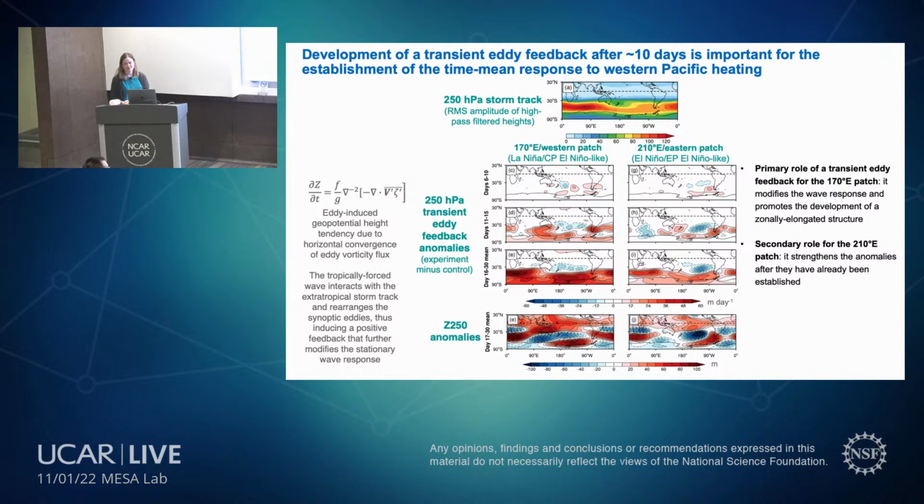Any more? I guess I had one more, which is, have you thought about climate change and the strengthening of the subtropical jet and how that might affect your teleconnections in the first part? Not really too much. I've mainly been focusing on present day scenarios.